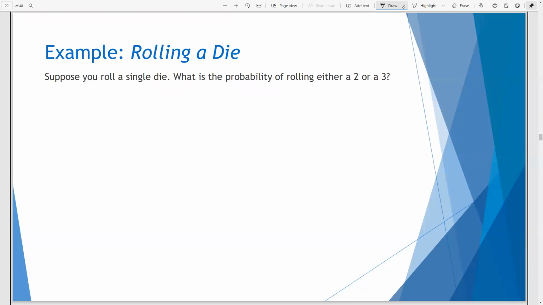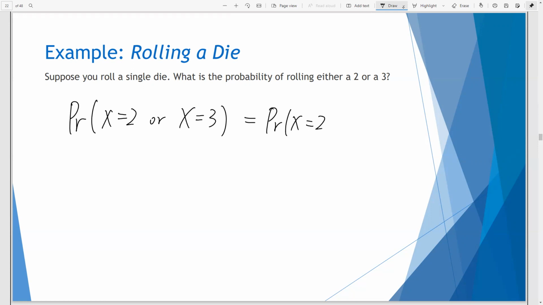Right. So suppose you're rolling a simple die, and getting a 2 and getting a 3 cannot occur together. So what's the probability of x equals 2 or x equals 3? They cannot occur together, so that will be the likelihood of getting a 2 plus the likelihood of getting a 3.